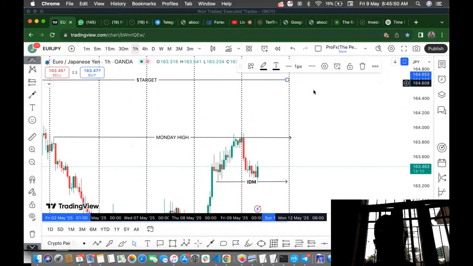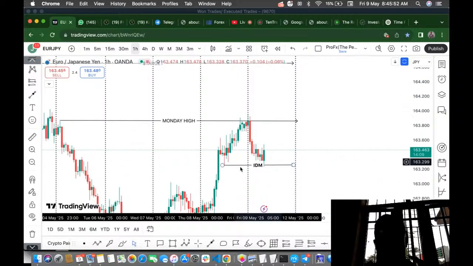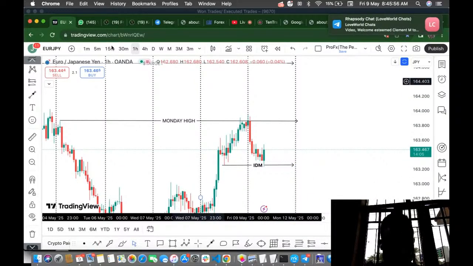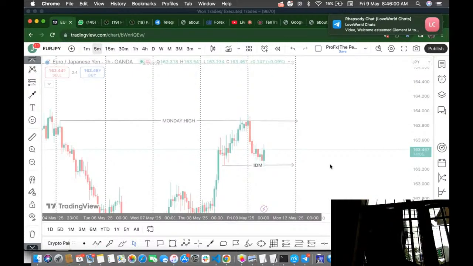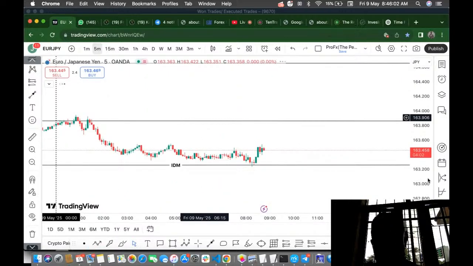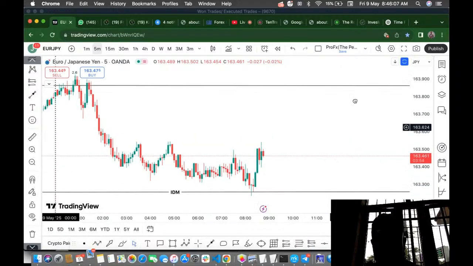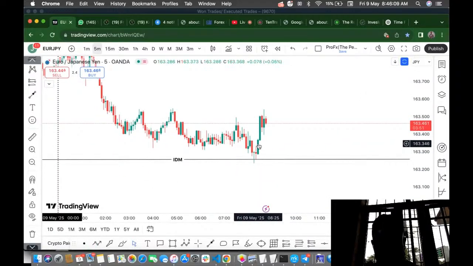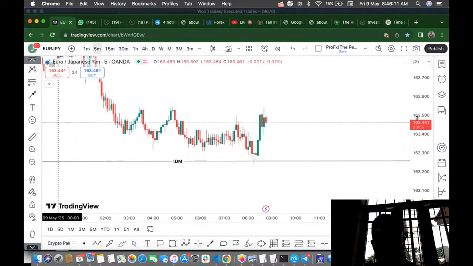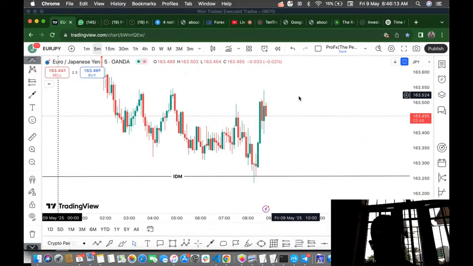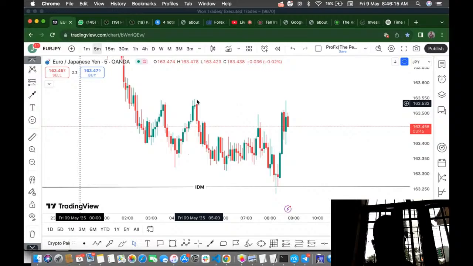So take note, guys. I have seen inducement on 1 hour, the 1 hour low. So I go down to 5 minutes for my precise entry. Mind you, my first buy is where this candlestick is. But I'm going to wait for a realignment of lower high, lower low.